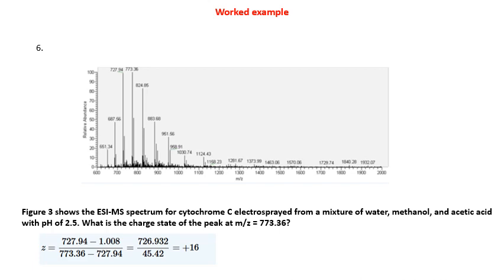You can see that in the upper part you are using 727.94, and in the lower part you divide these two mass values; it is because you have to balance the charge in the calculation. Similarly, if you want to calculate for the 727.94 peak, you have to do the same thing using the two adjacent peaks.